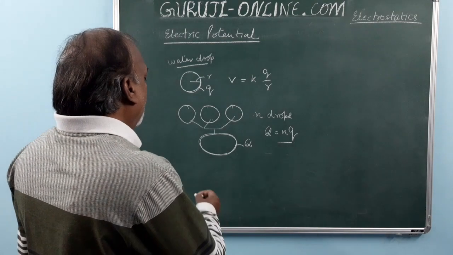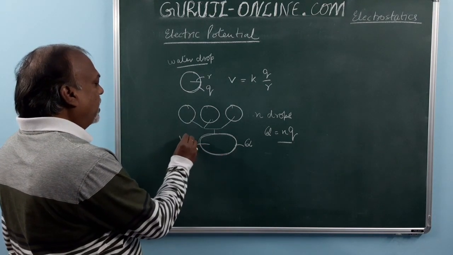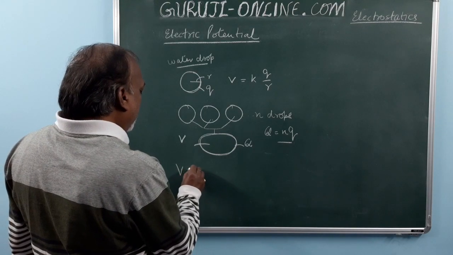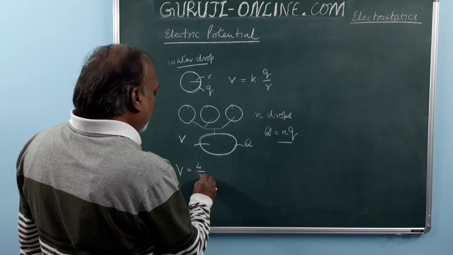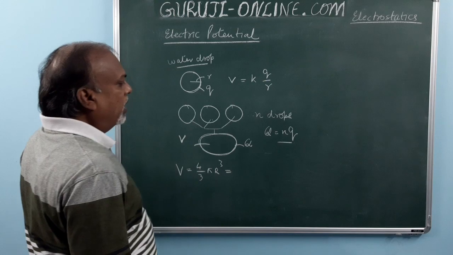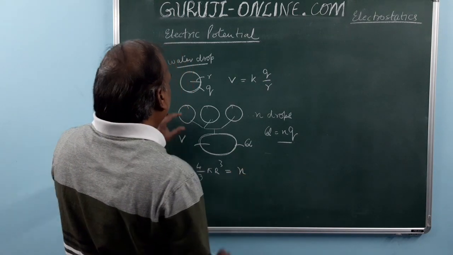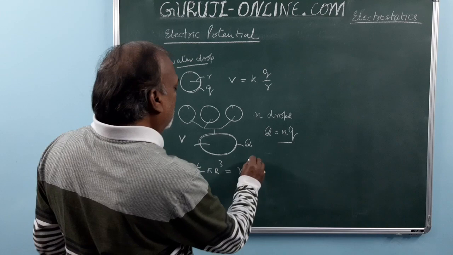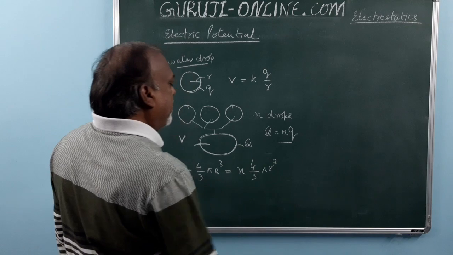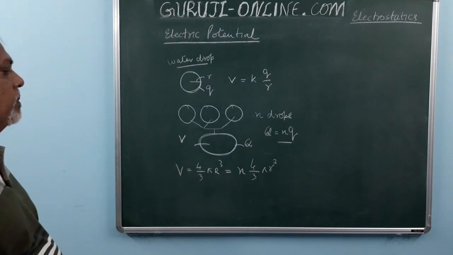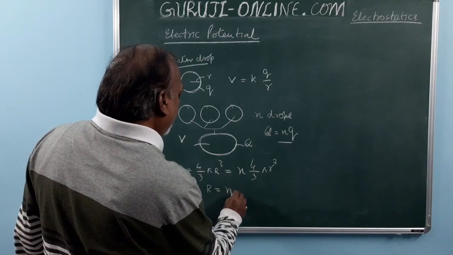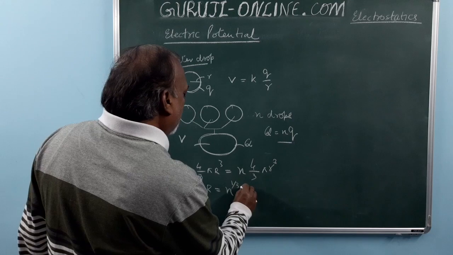So the volume of this, suppose it is V, 4 by 3 pi R cube, will be nothing but n times the volume of one drop. That means R is n to the power 1 by 3 times r.